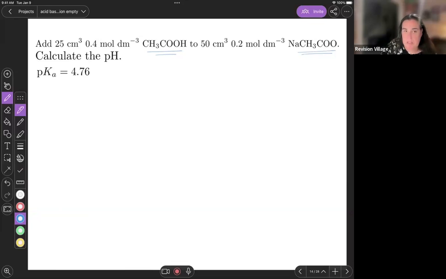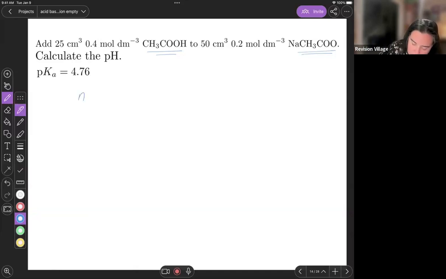And many of you know that this is going to be a buffer system, but let me try to show that to you. To show that to you, I need to figure out what we've got here. And to figure that out, I'd like to know what the concentrations of both of those things are in the mixed solution. And so that's going to take me a little bit.